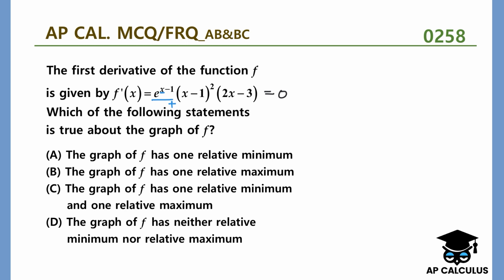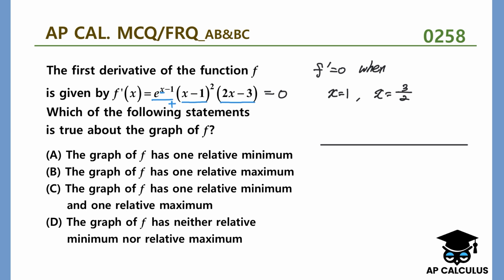We have the factors x minus 1 and 2x minus 3. So f prime is equal to 0 when x is equal to 1 and x is equal to 3 over 2, right?